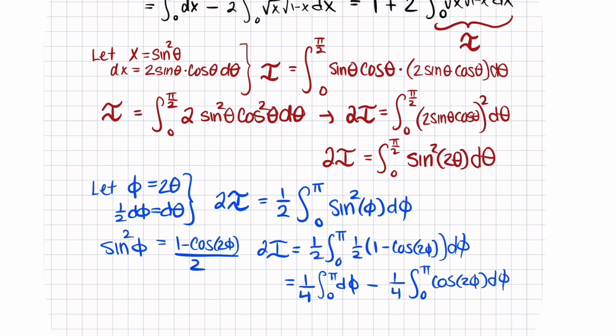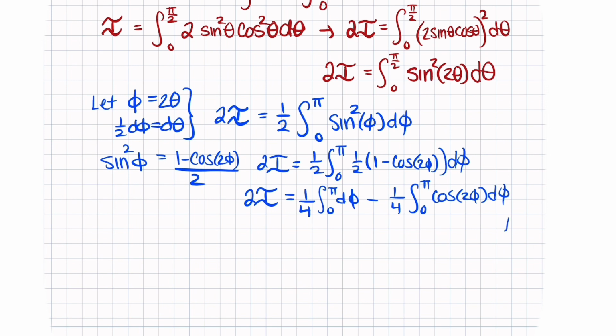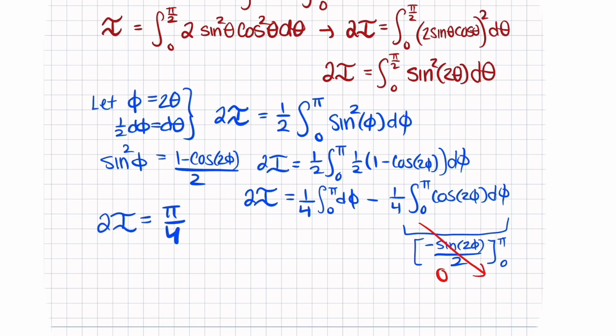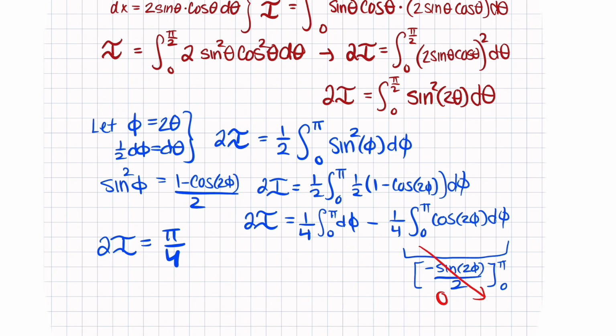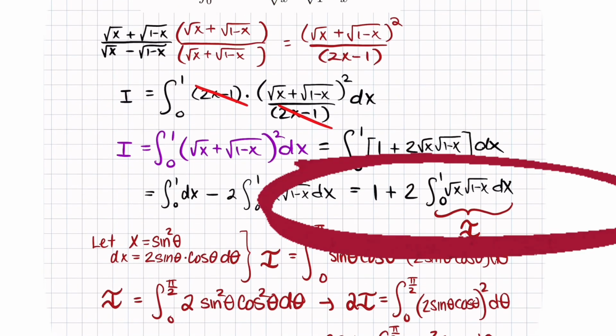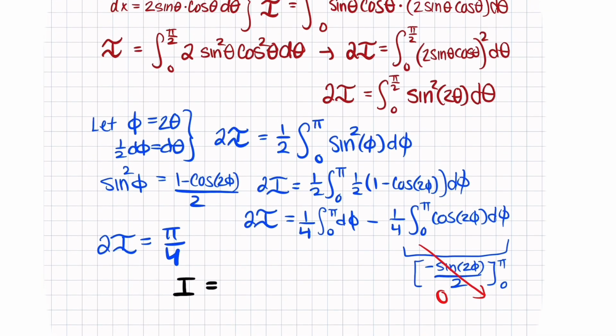Just working out the details and using some linearity, the integral 2 times curly I will evaluate to, well, that second part there will work out to 0, drop out, and that first part of the integral will just evaluate to pi over 4. So 2 curly I is pi over 4. Let's put that together with the original integral I, so we'll have I is equal to 1 plus pi over 4. And there it is, integral number 9.